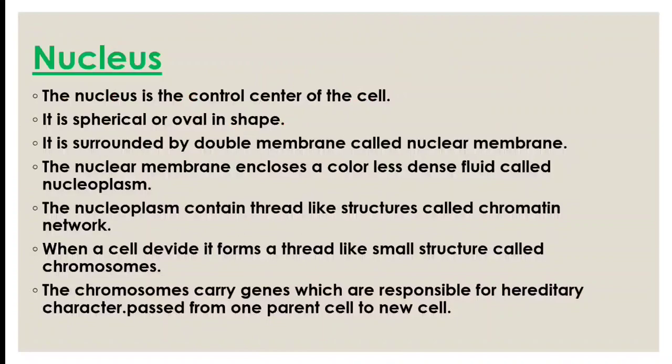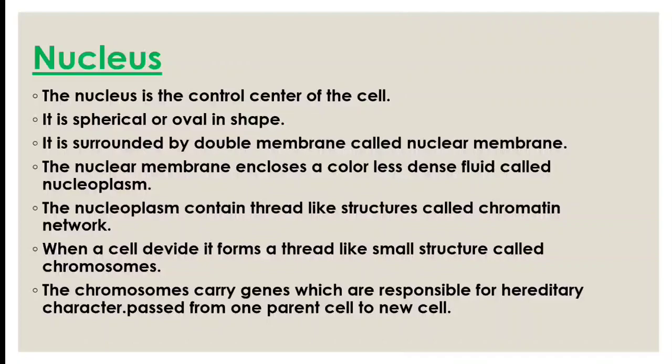Nucleoplasm contains thread-like structures called the chromatin network. Inside that jelly-like substance, there are small or large thread-like structures of any length. That is called the chromatin network.